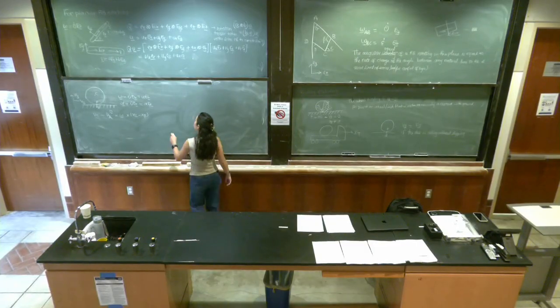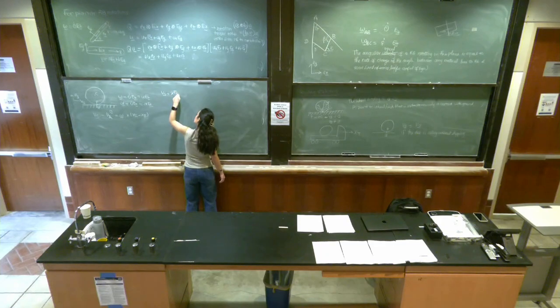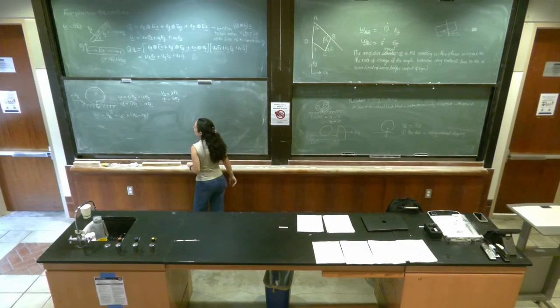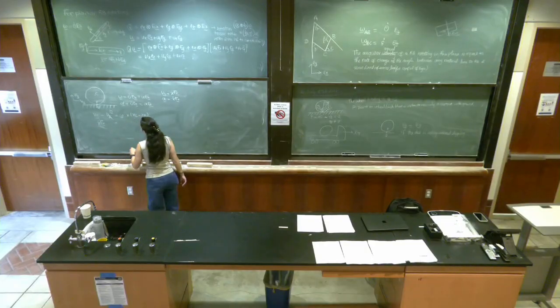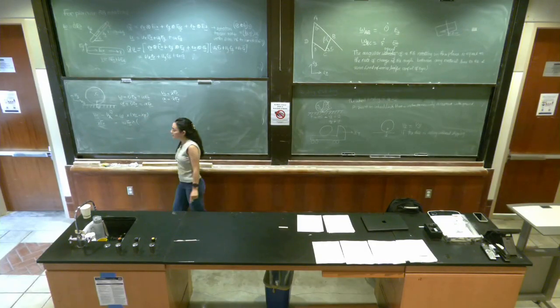So VC is x dot EX, and omega is omega EZ. What is XC minus XP?